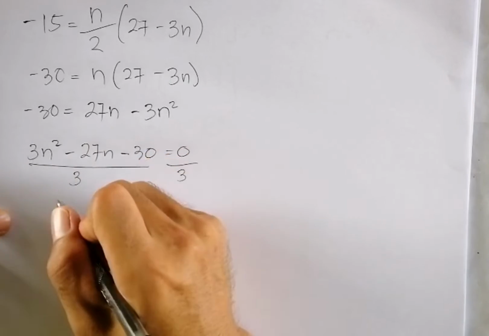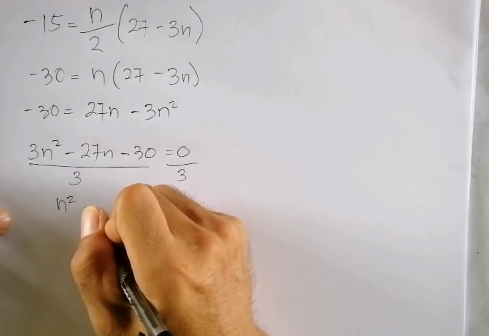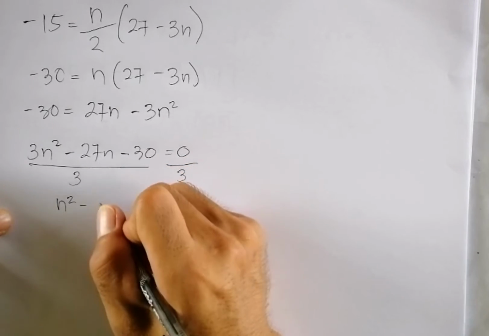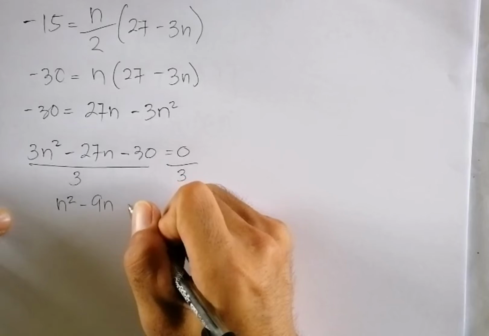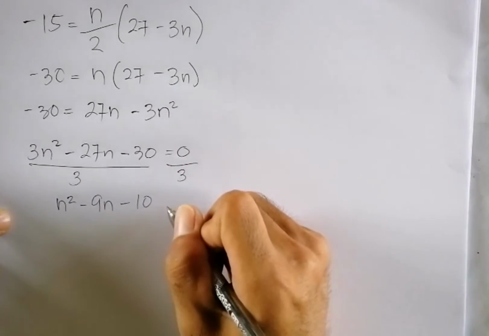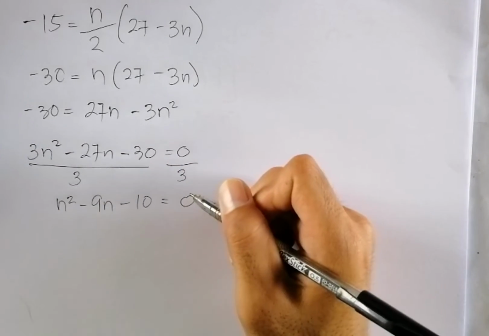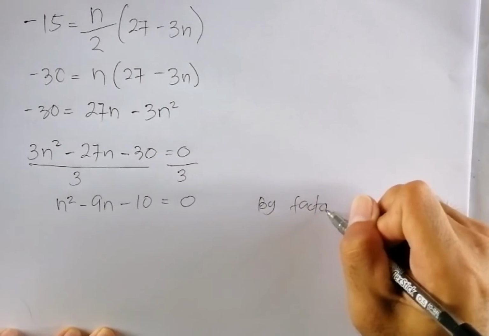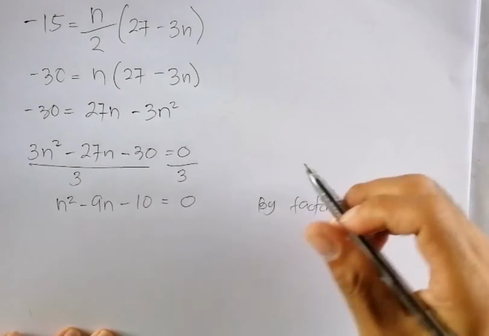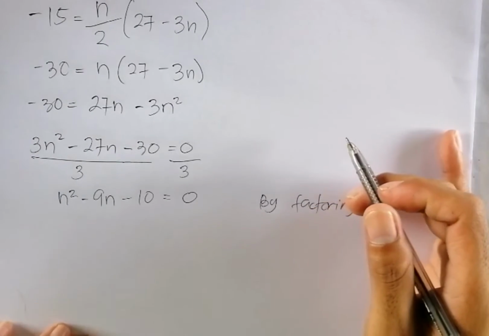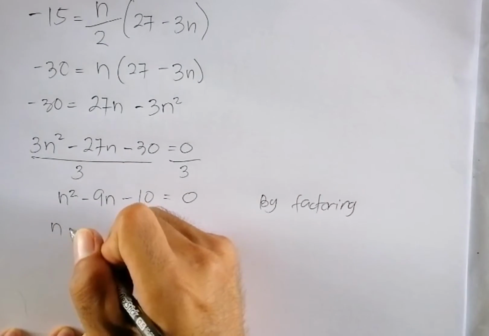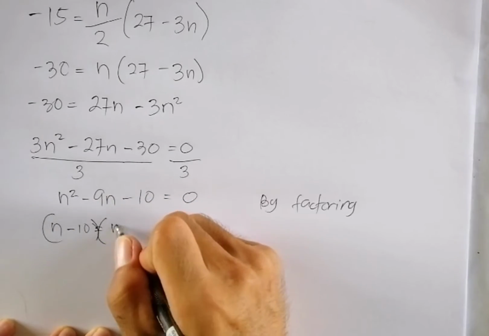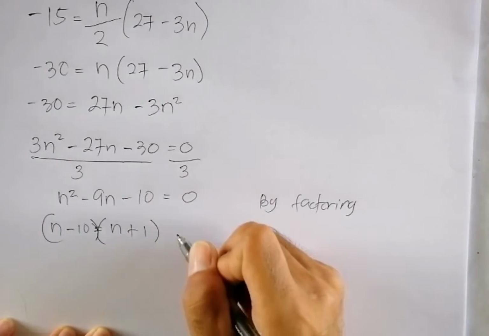So 3n squared divided by 3, that is n squared. Then negative 27n divided by 3, that is negative 9n. Negative 30 divided by 3, that is negative 10, is equal to 0. So by factoring, n squared minus 9n minus 10 is equal to 0 is n minus 10 times the quantity of n plus 1.